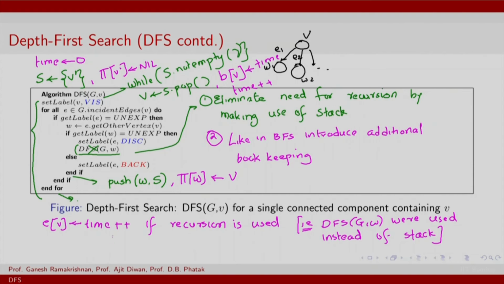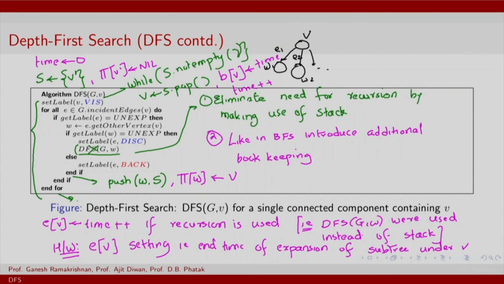Your homework will be: how would you set E of V, the end time for expansion of the subtree for node V, if a stack were used instead of recursion.